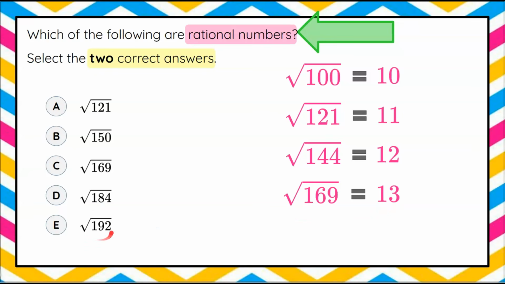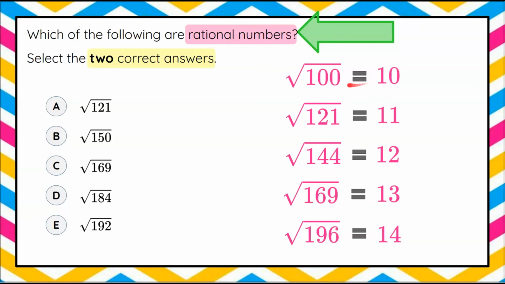I can see I'm not to 192 yet, so I'm going to keep going. 14. 14 times 14 is 196. The square root of 196 is 14, and I can see that that's larger than my last square root option. And these are in order from least to greatest.